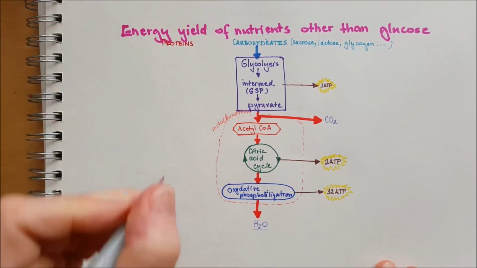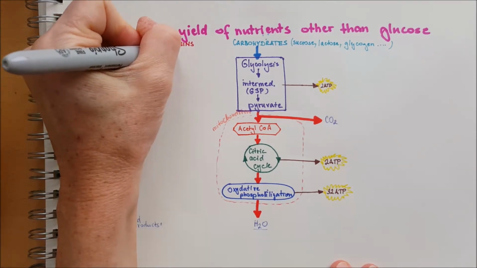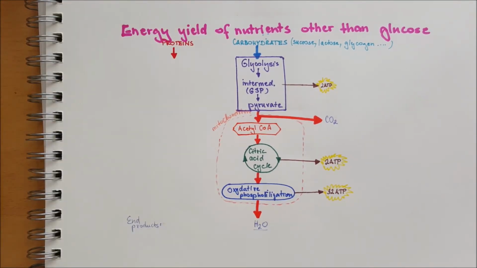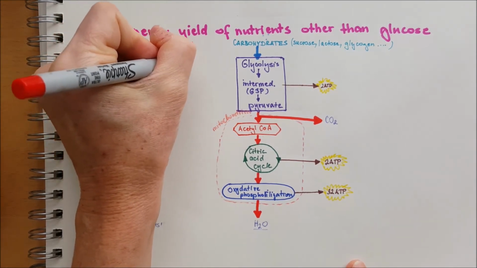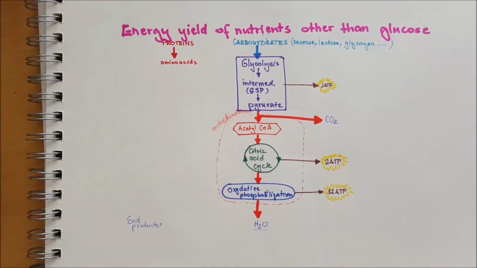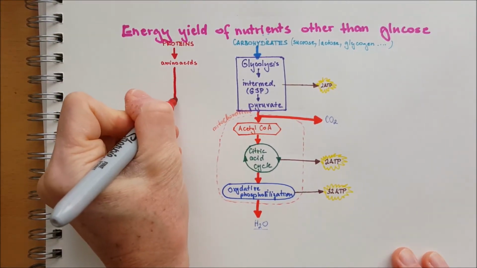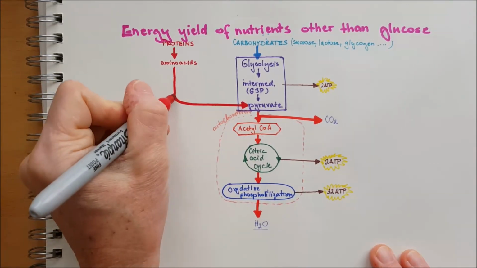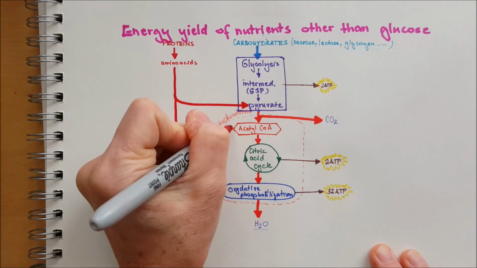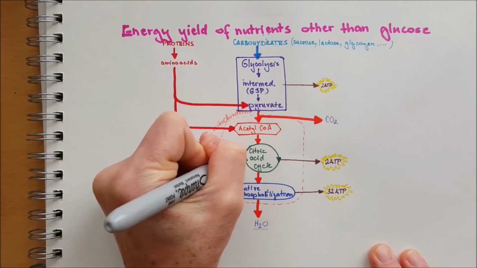The other one is we also eat proteins like meat or nuts or milk, and the macromolecule will break down into its building blocks, the amino acids, and amino acids with the help of enzymes can join the cell respiration at the pyruvate section or at the acetyl-CoA section, as well as the citric acid cycle.